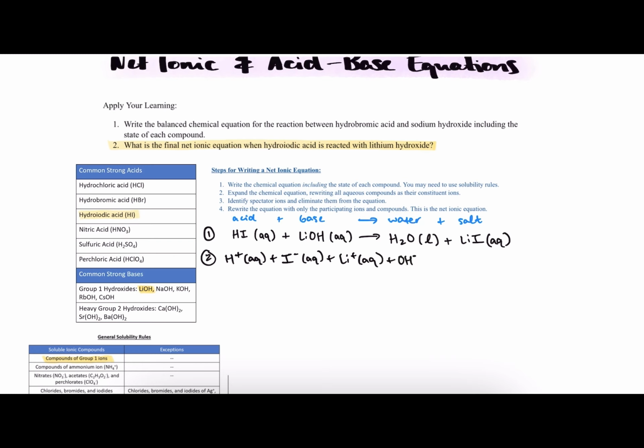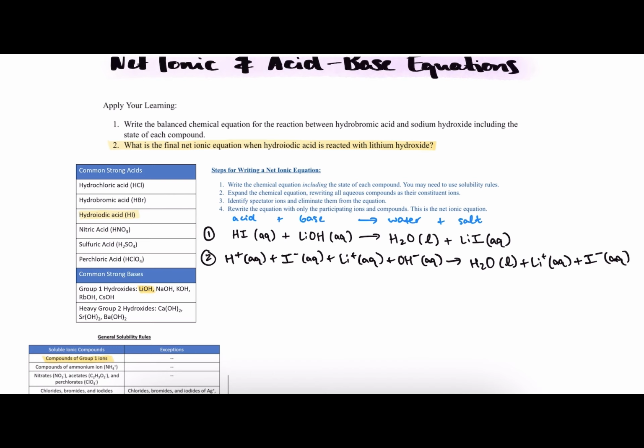OH is -1. Then water is just water because it's not in the aqueous state, so we leave it as is. And then lithium iodide will break up again into Li+ and I-. So that's step number 2.